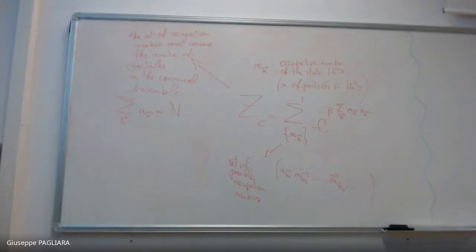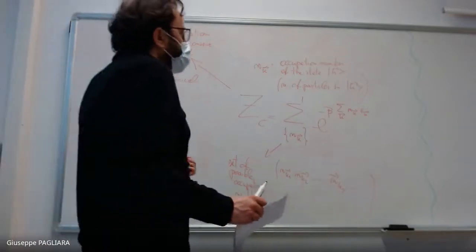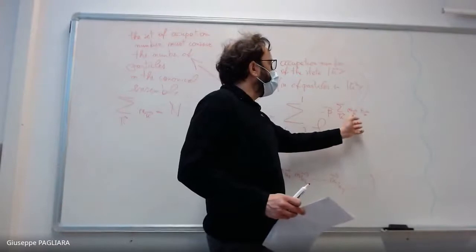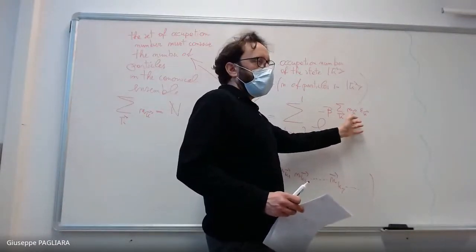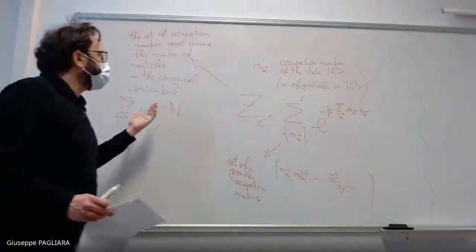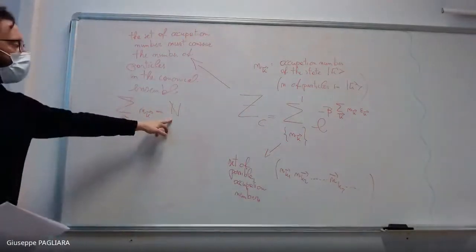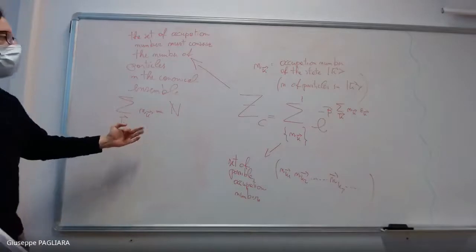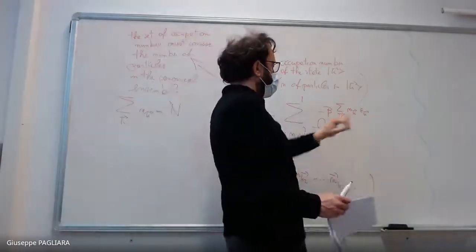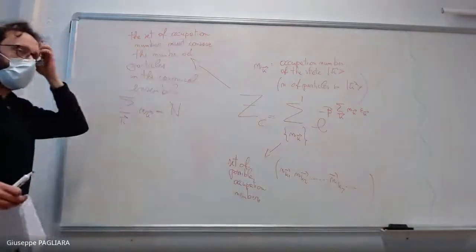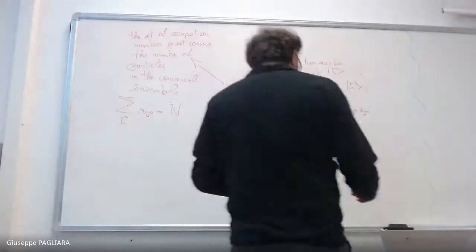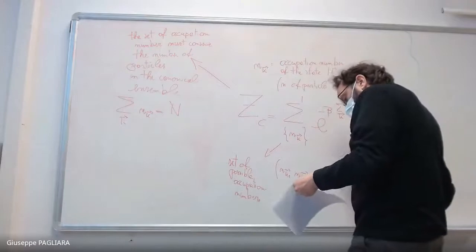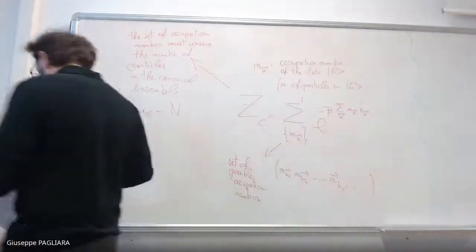So this is a complicated situation because now we have an infinite number of possible states, and I have to arrange N particles in all the possible ways in those infinite states. So these are very complicated calculations actually. Indeed, let's try to compute it for the case of two states and for the case of fermions.